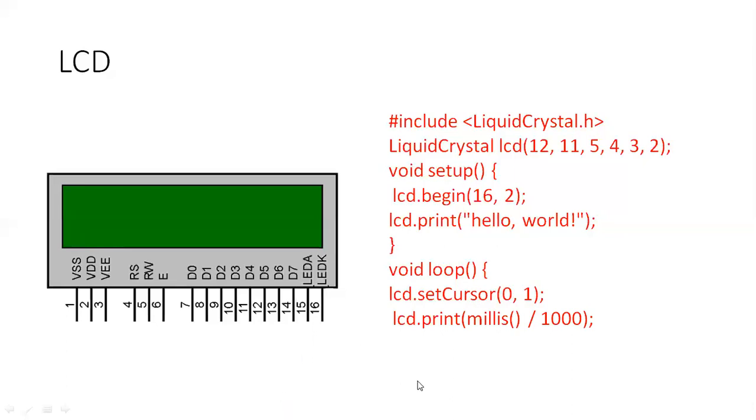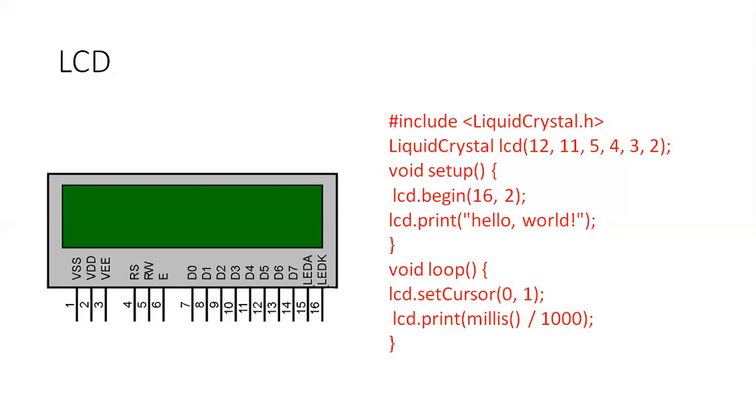This is 1 second, right? Milli means 10 to the power of minus 3; divided by 1000, you will get 1 second. So in the second row, it shows 1 second, 2 seconds, 3 seconds. That means it shows how much time the simulation has been executing. That is the purpose of printing these values.